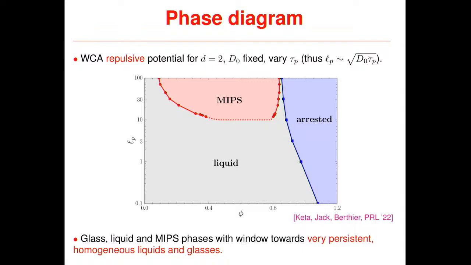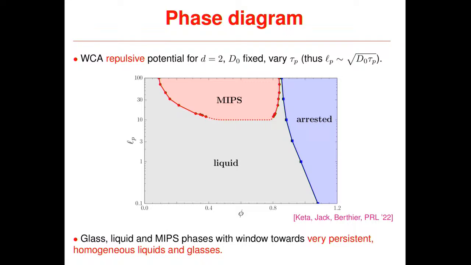If your density is a bit intermediate here and you increase the persistence a lot, you go to this motility-induced phase separation that has been discussed a lot. So this phase separation between the gas and the liquid. And this is typically the topology of the phase diagram.